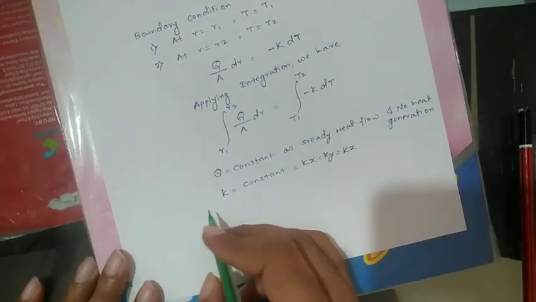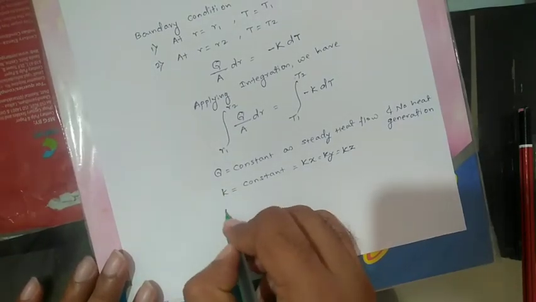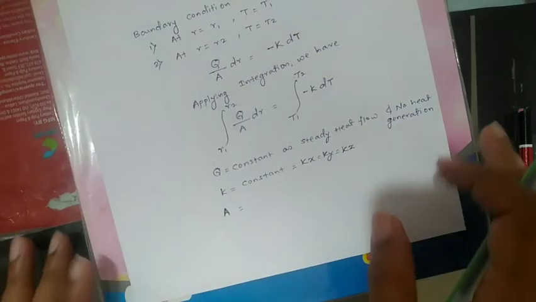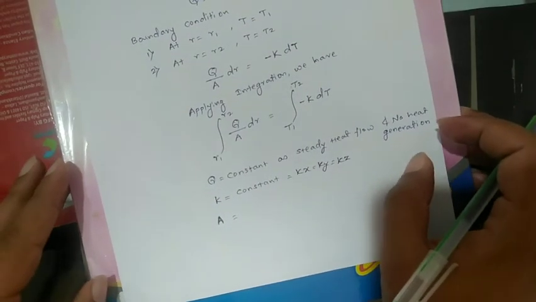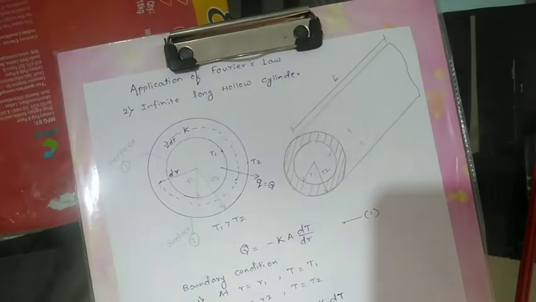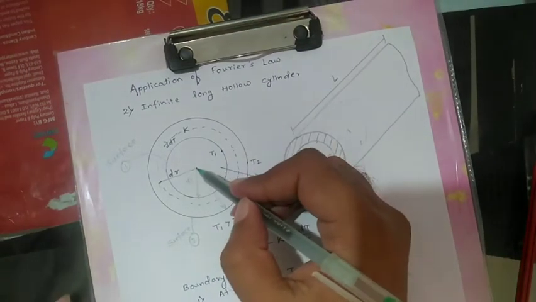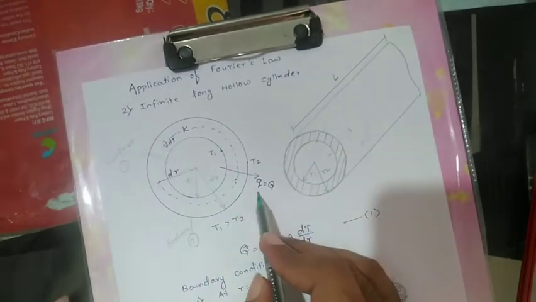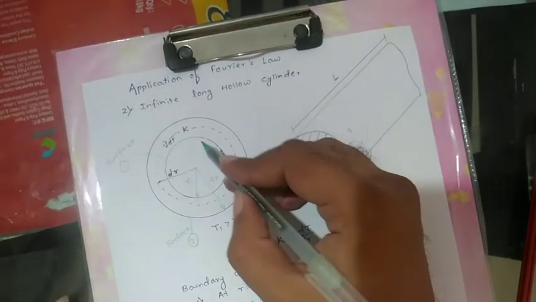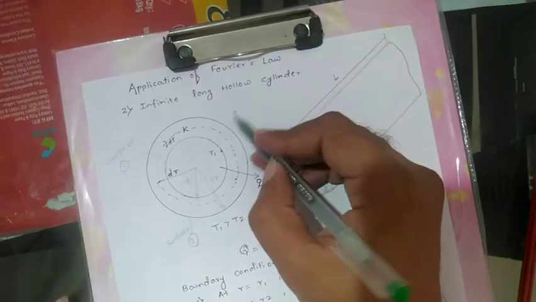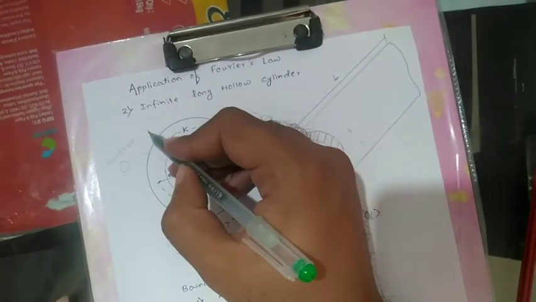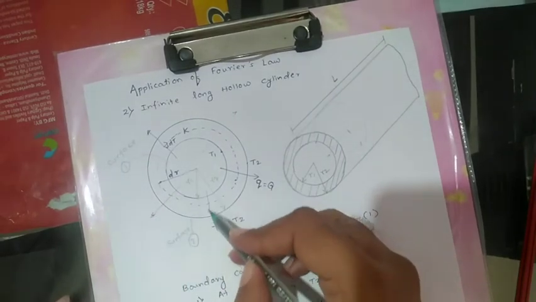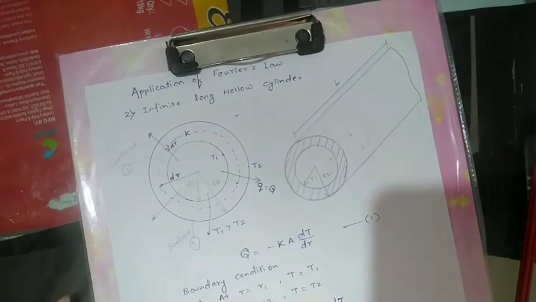Further, we are going to have A. Now what will be the A in this case? Let's go back to our figure. A will be the area perpendicular to the heat flow. So the heat Q, that is small q equal to capital Q, is going to flow radially outward from all directions.